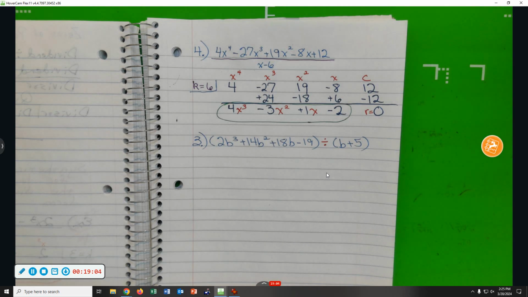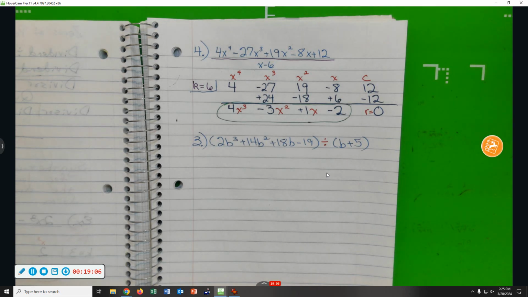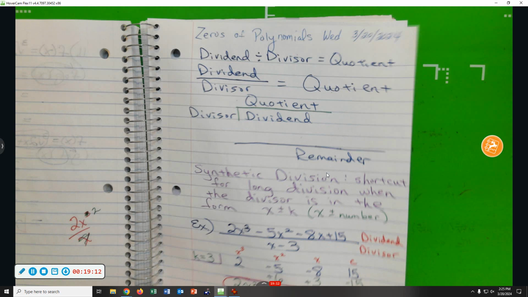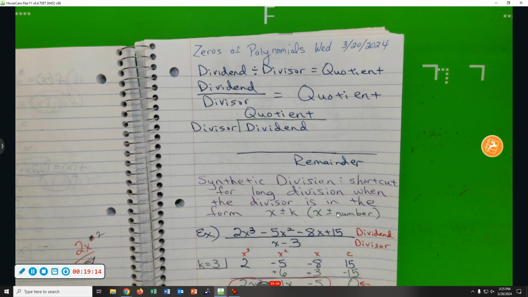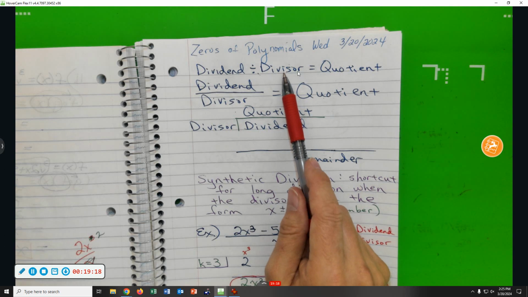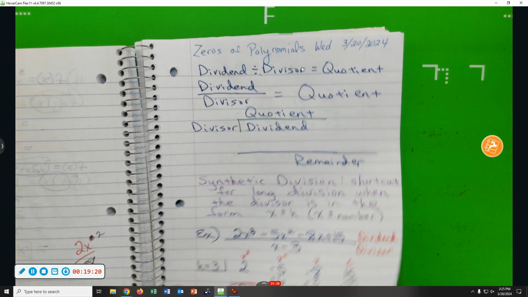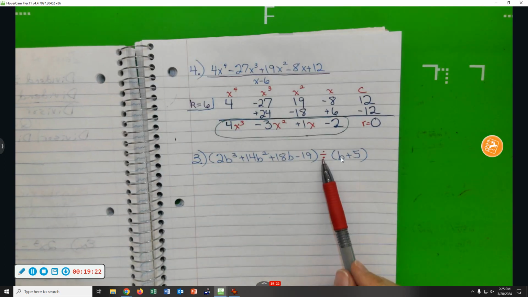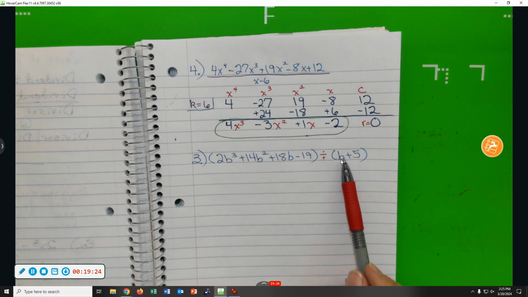What's the divisor in this case? Can we use synthetic division? Remember when using the old-fashioned division symbol, the divisor is the second thing, and so yeah, I think so. It's the thing that comes after the division symbol. That is in the form variable, plus or minus a number.